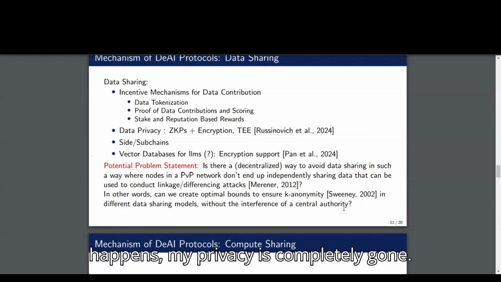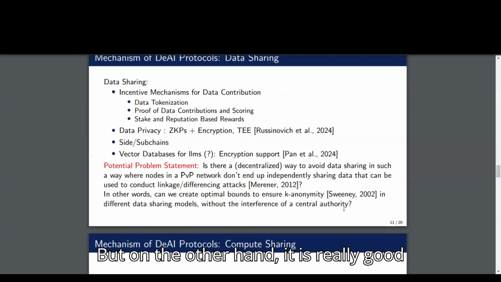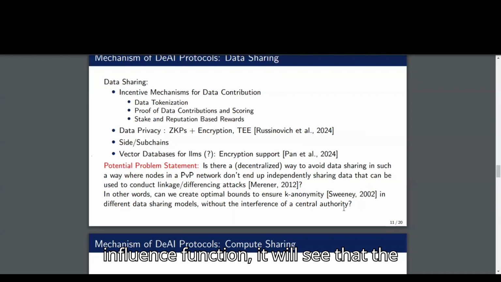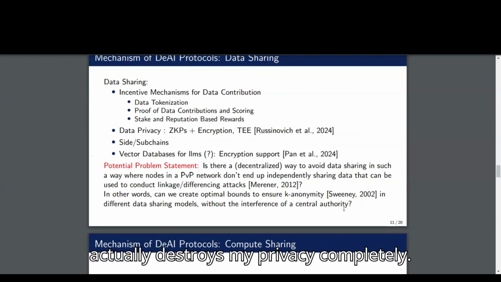If that happens, my privacy is completely gone. But on the other hand, it is really good for the model, because the model influence function will see that the addition of the new data point is really good for the model to train, because it gives the model a lot more information to work with. So even though the ML model is happy with the data that it receives, it actually destroys my privacy completely.